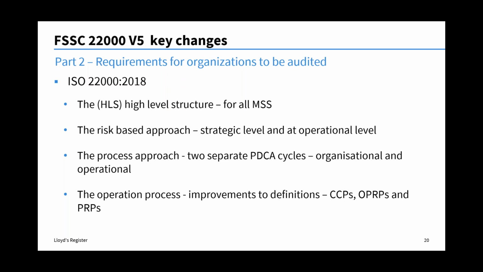The third change in here is about the process approach. Also, there are two separate PDCA cycles within the ISO 22000 standard 2018. One is at the organizational level and second is at the operational level.